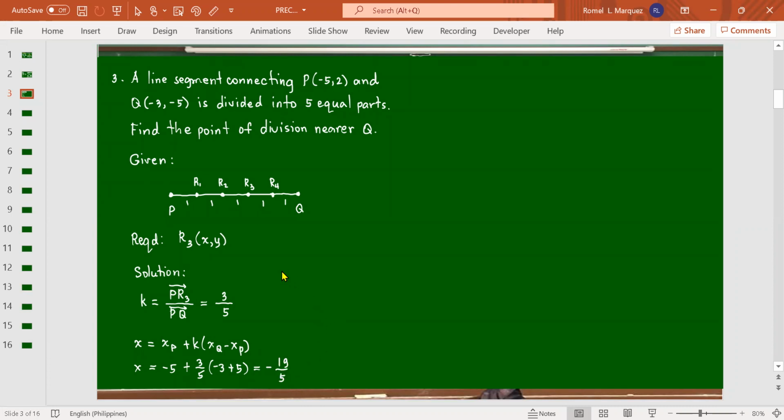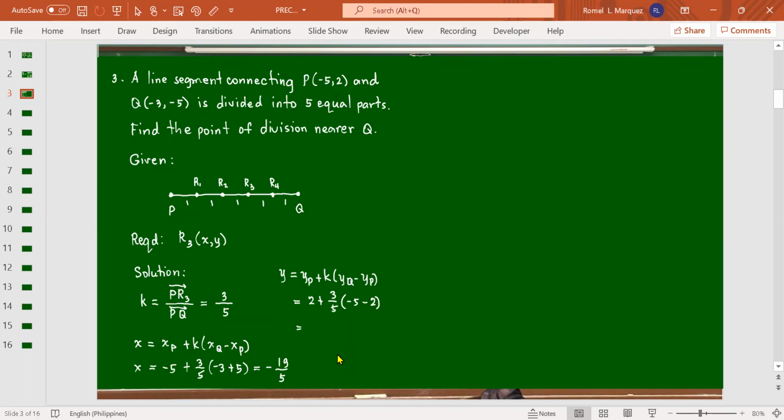What about the y? That is y sub p plus k times y sub q minus y sub p. Getting 2 plus 3 over 5 times negative 5 minus 2. So simplifying, we have 2 plus 3 divided by 5 times negative 7.